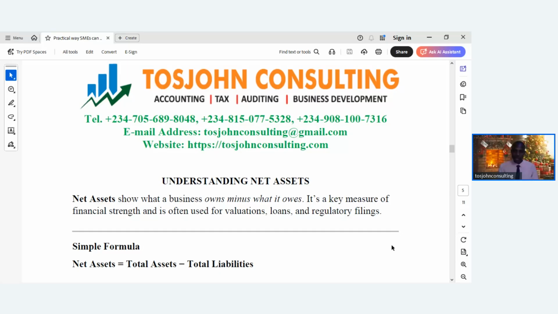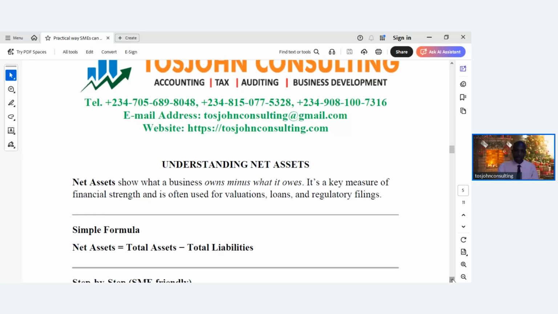When you minus them from each other, that is your net asset, and it is the net worth of a business. It's a key measure of financial strength and is often used for valuations. You want to value a company, know who they are or their level of financial capacity, loans and regulatory filings. It's very important to know your net worth as an entrepreneur, business owner.